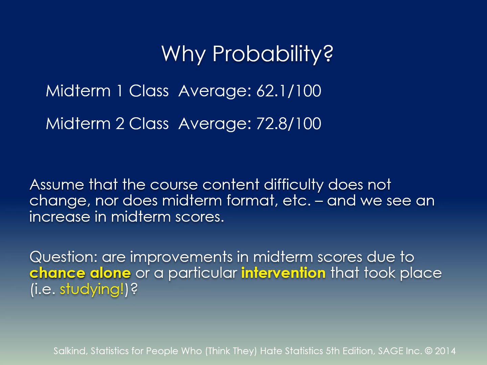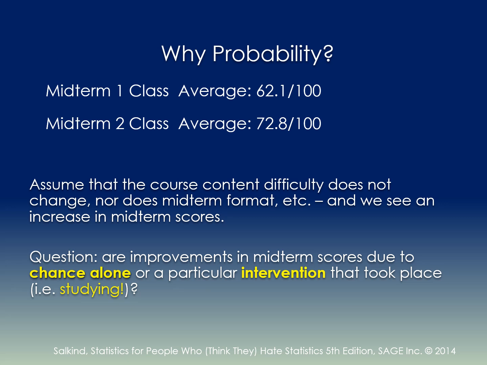But something else outside of chance that might influence the score. And so, again, the question is, are the improvements that we see in the midterm scores due to chance alone, or were they due to a particular intervention that took place? In this case, well, maybe it was studying, right? The professor kind of came out and said, hey, look, you guys need to study a bit more for this exam. Or the students kind of went, oh, I need to study a bit more for this exam.